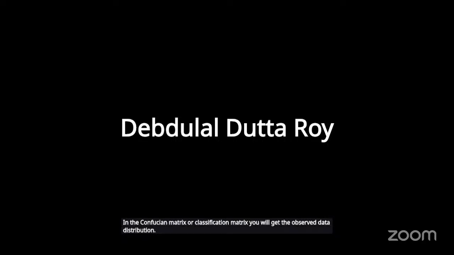In the confusion matrix, we will get the observed data distribution and the predicted data distribution. Prediction is based upon the statistical modeling. Observed is the actual.